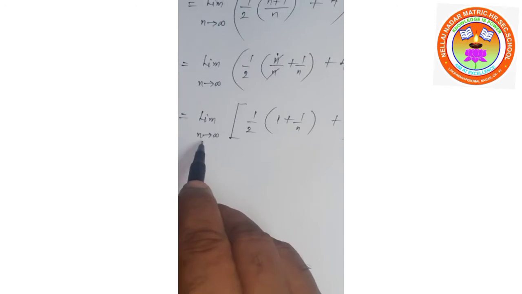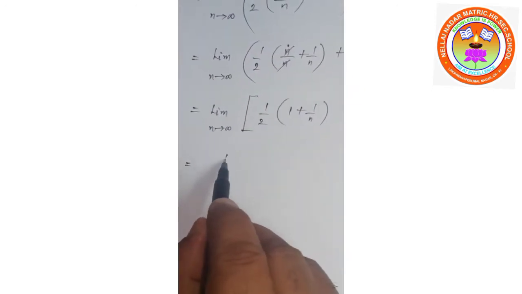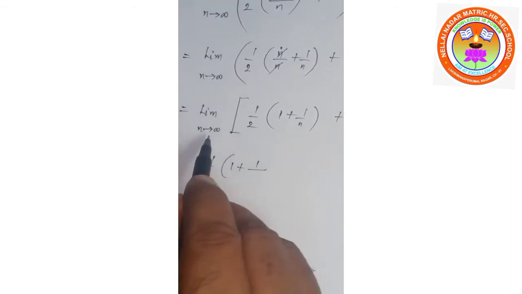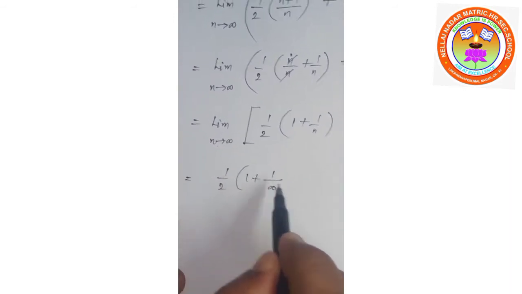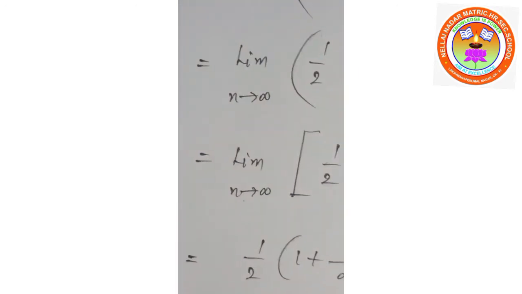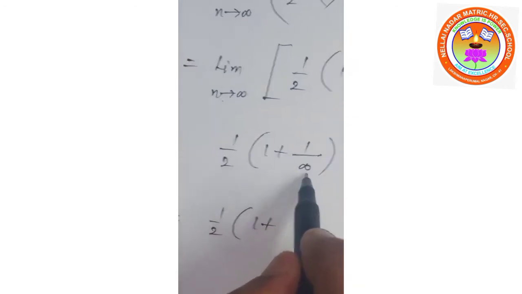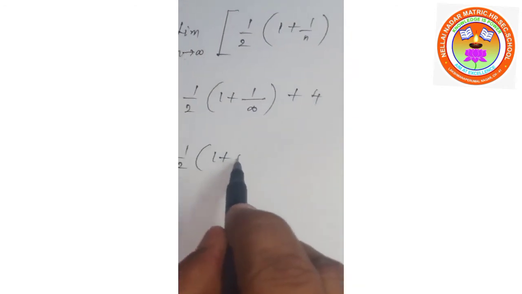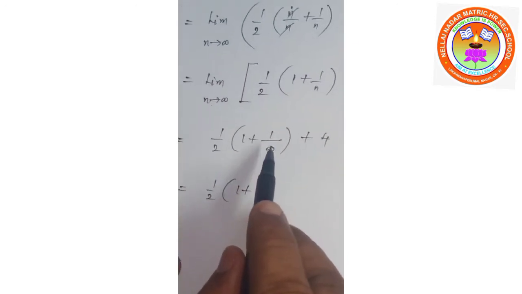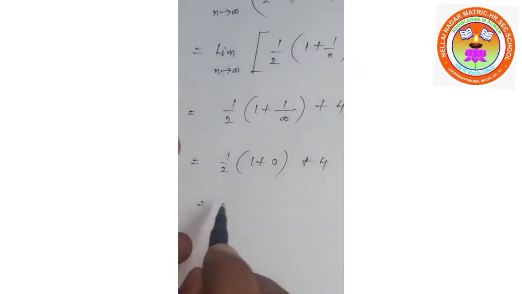After that only you have to replace n by infinity. Now 1 by 2 into 1 plus 1 by infinity plus 4. That is equal to 1 by 2 into 1 plus 1 by infinity, the reciprocal of infinity, value is 0, plus 4.